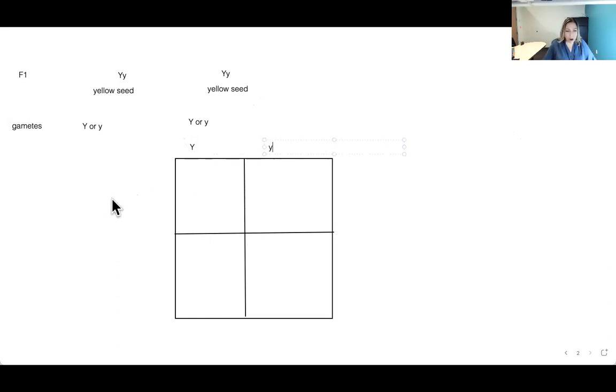And I actually recommend you pause the video briefly and try to do this on your own to check your understanding. Now we have a big Y and we have a little y. So just to remind you, we will say that these are the different eggs and these are the different sperm that could be created through meiosis.